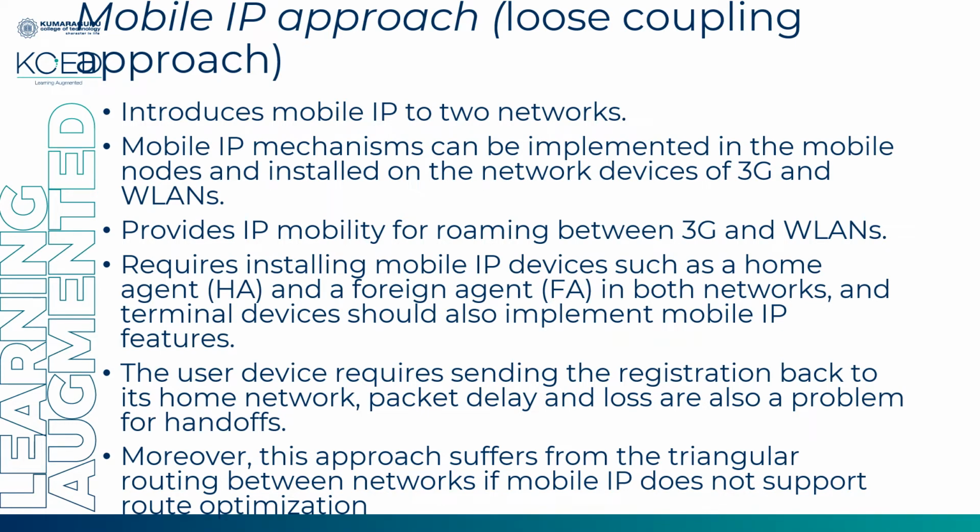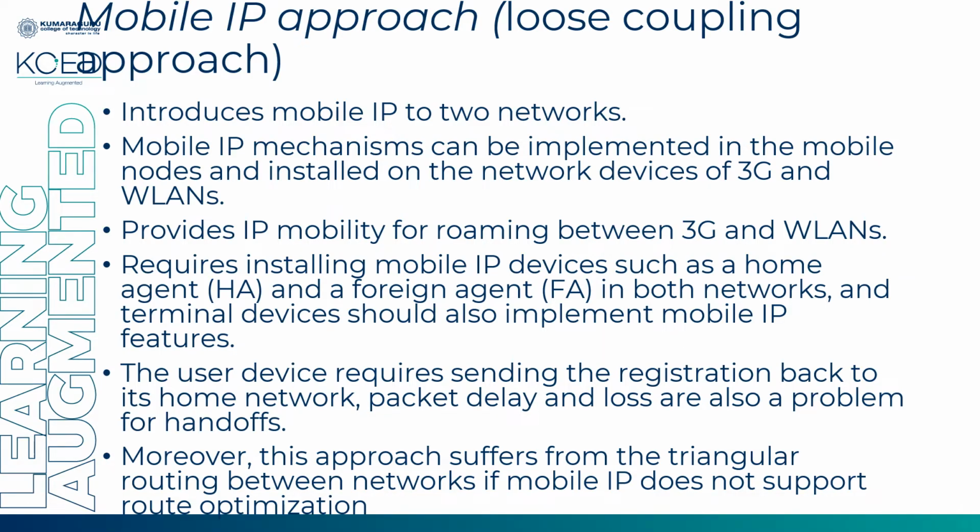Your mobile device has its association with the home network, and whenever you move to a foreign network, the foreign agent will communicate with the home agent to get your details, and the home agent is responsible for forwarding your packets to the foreign agent. In mobile IP, we also saw a problem called triangular routing.